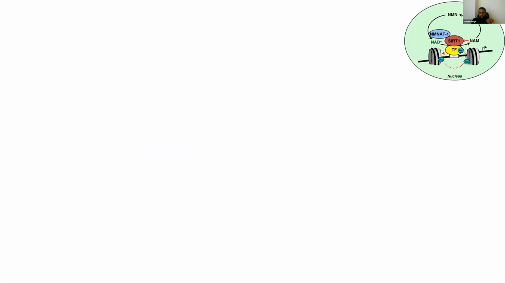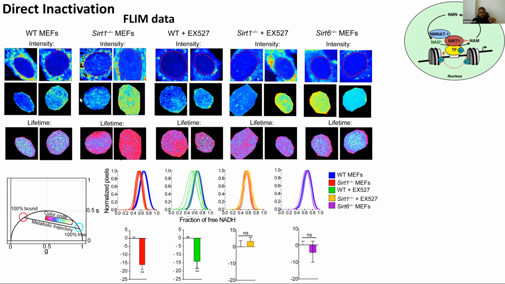So if we look at FLIM data, we look at wild type versus SIRT1, and if you look at the metabolic imaging, the more red here is more bound. If you look at that between wild type and SIRT1, you see a shift in SIRT1 negative cells, while SIRT6 negative cells, which should not matter, doesn't do anything.